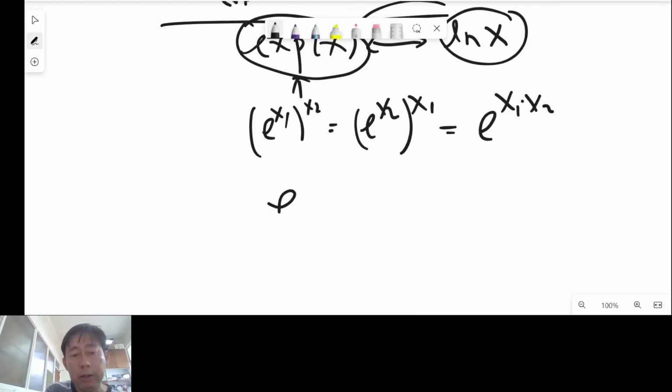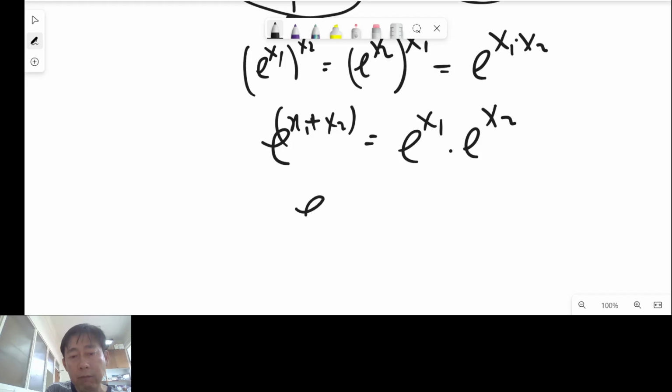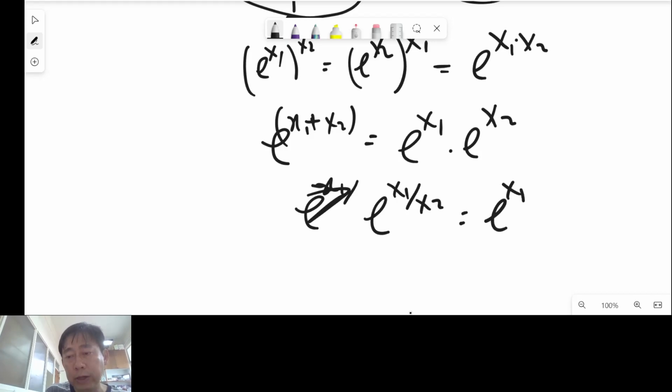Then we also learned that e^(x1 + x2) is equal to e^x1 multiplied with e^x2. And then we learned that e^(x1 - x2), which is e^x1 over e^x2, was also mentioned.